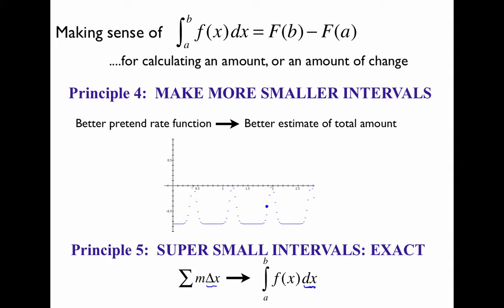Rate of change, right? Before we had individual rates of change, but when you make the intervals really small, all those individual rates form the rate function. So what is this? That's the rate function, right? So when your intervals are super small, all those individual rates form the rate function.